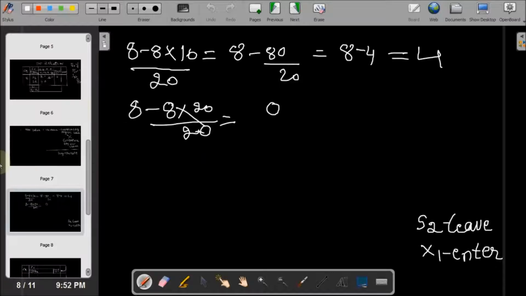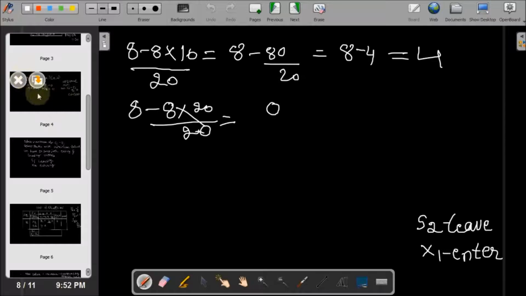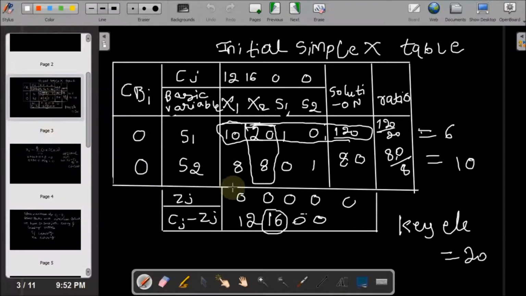So what is the third element? New value of S2 I am creating here. What is the third element? 0. The third element is 0. Corresponding column element is what? 8. I told you column element remains the same.